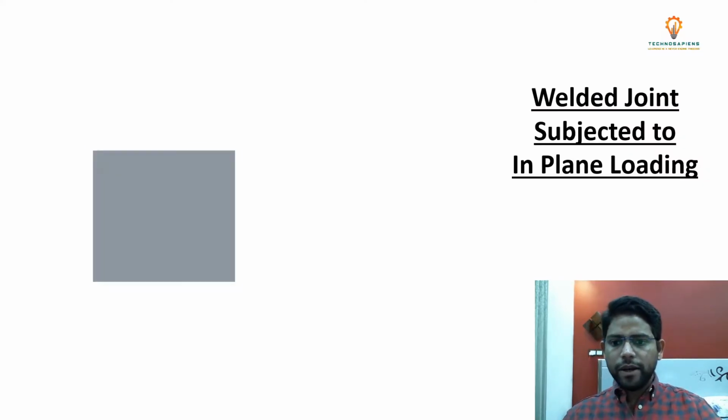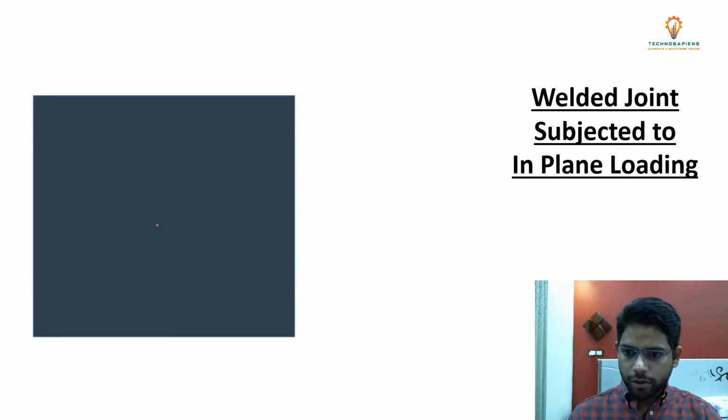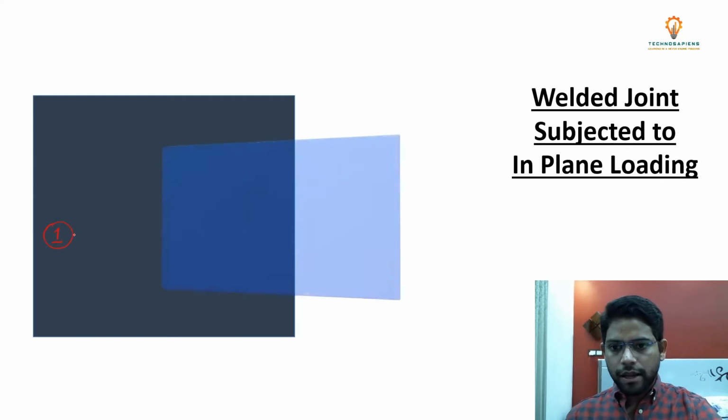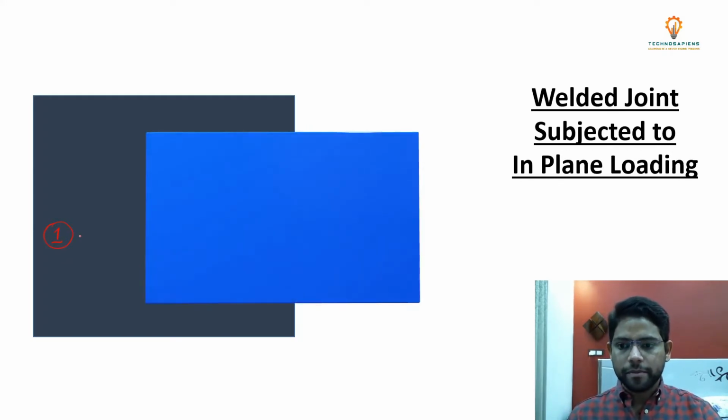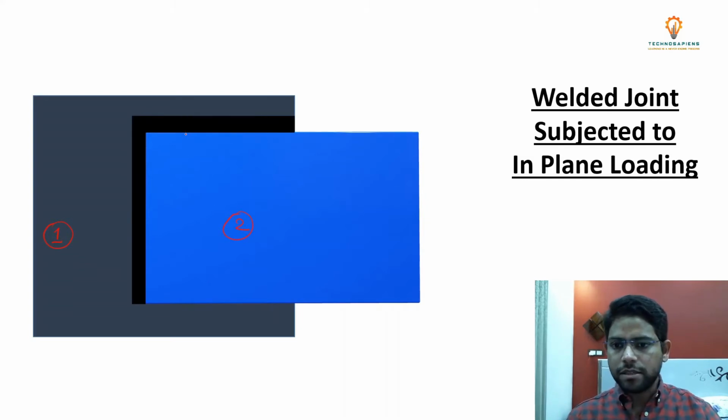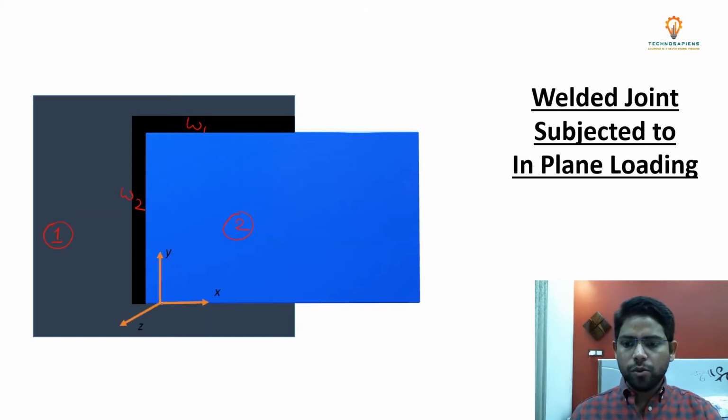Now in this figure, you can see that this is your first plate and this is your second plate. These are your welds: this is weld number 1 and this is weld number 2. And this is your Cartesian coordinate system, where this is your x direction, this is your y, and this is your z direction.